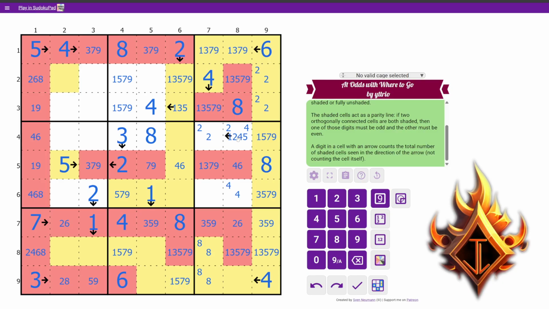So if this one is red, it's 1 or 5. If this one is red, it is 2 or 6. Okay. So that arrow is satisfied. That one, let me just see here.